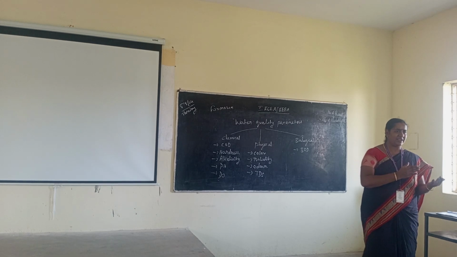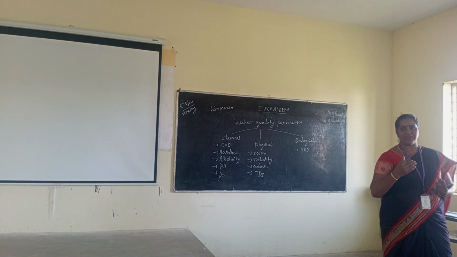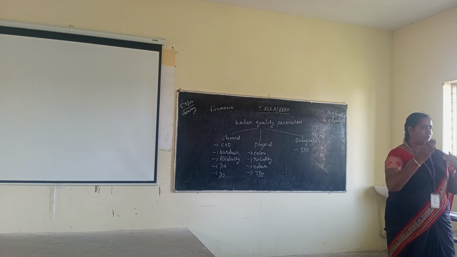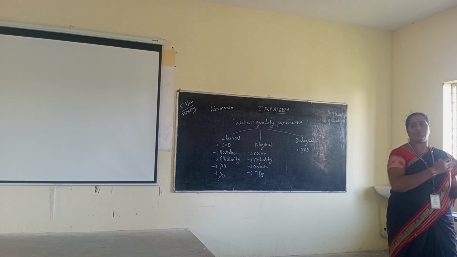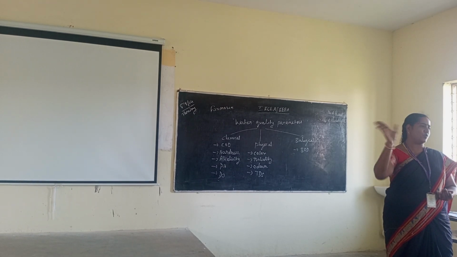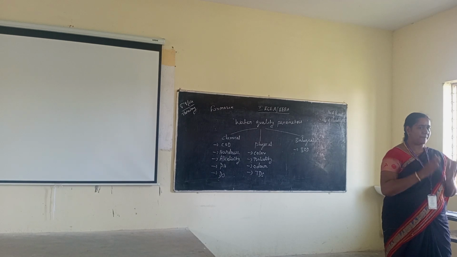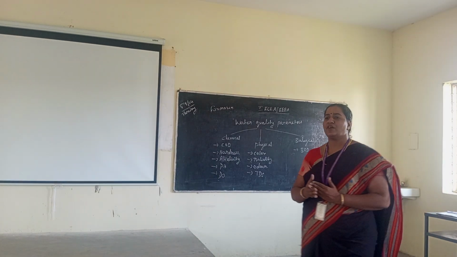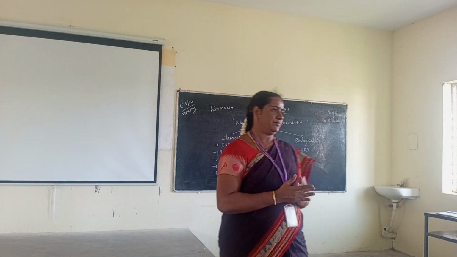Below 4 is impure water, and above 6 is also impure. The appreciable limit of DO in water is 4 to 6 ppm.